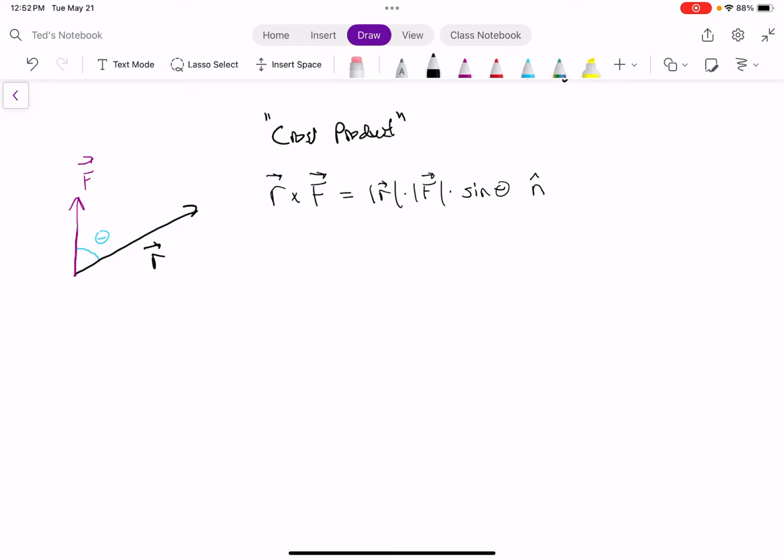There's another way to calculate a cross product.